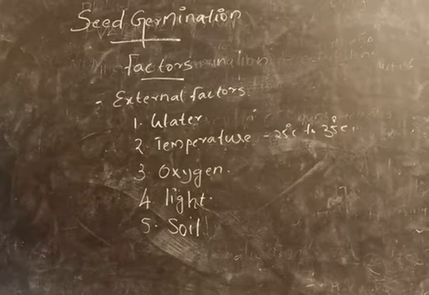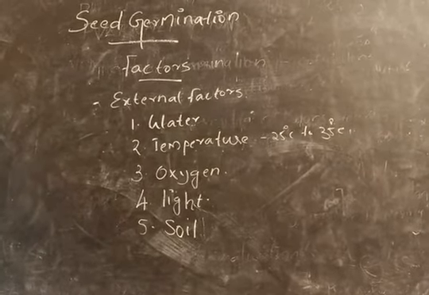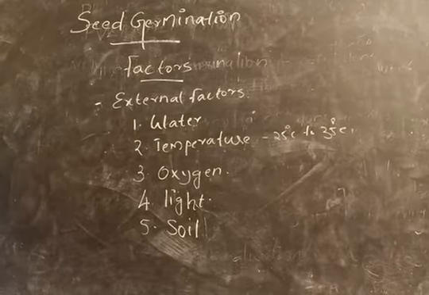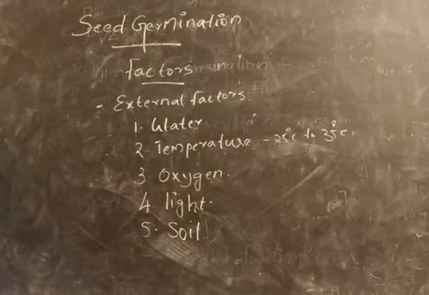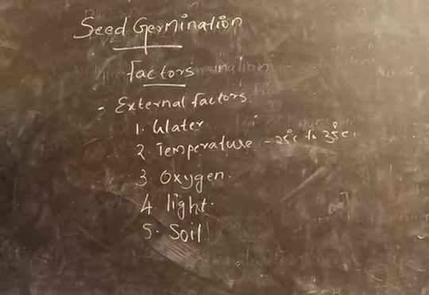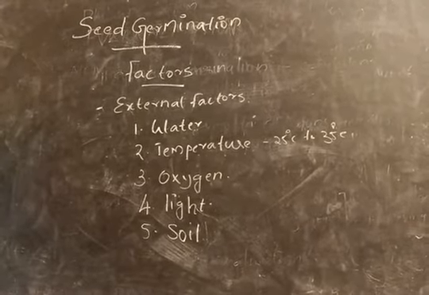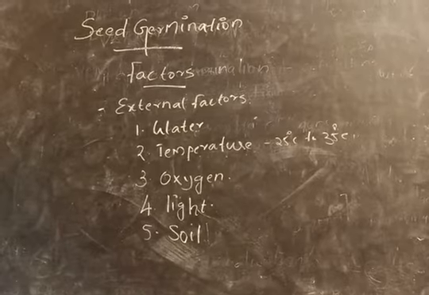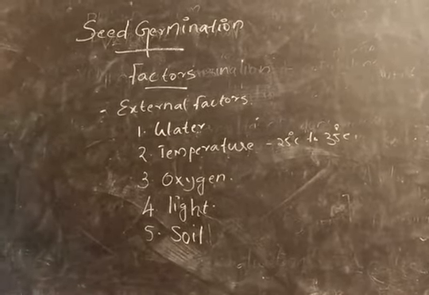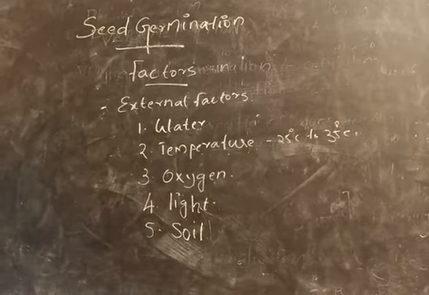But if a seed is germinating in its natural conditions, soil conditions may influence the germination, like water holding capacity, mineral composition and aeration of the soil. So these are the external factors that affect the germination of seeds.